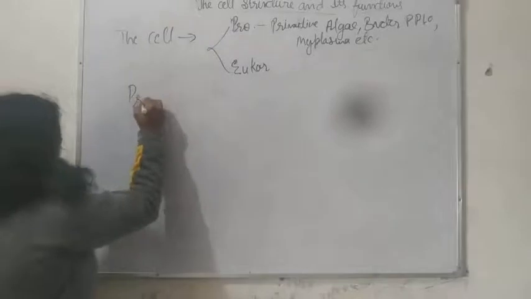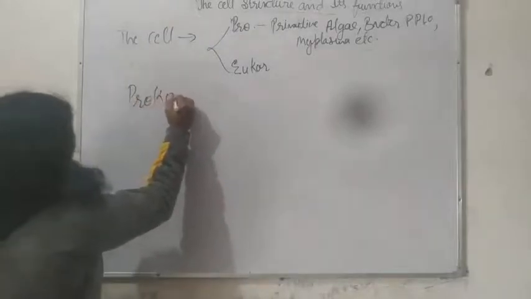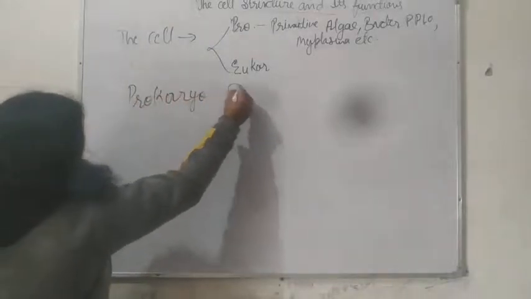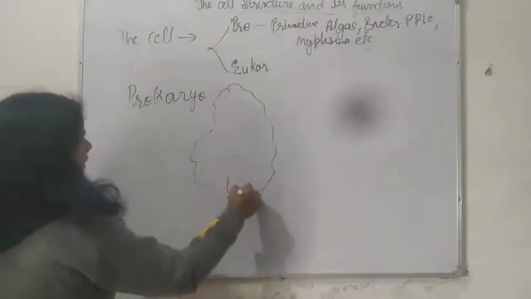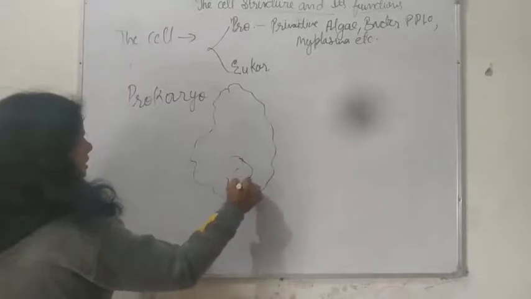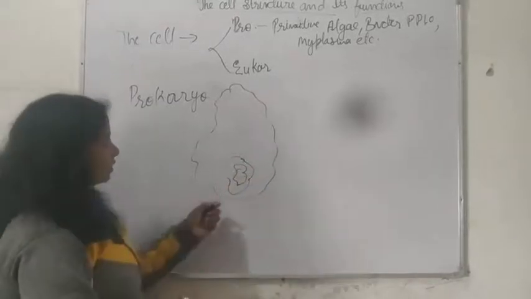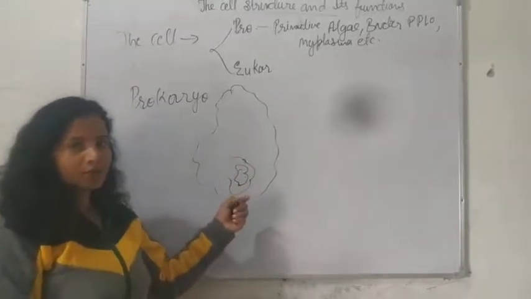Now a brief description of the prokaryotic cell. In the prokaryotic cell, the shape is irregular. The nucleus is found in any part, in a corner or near the cell wall.